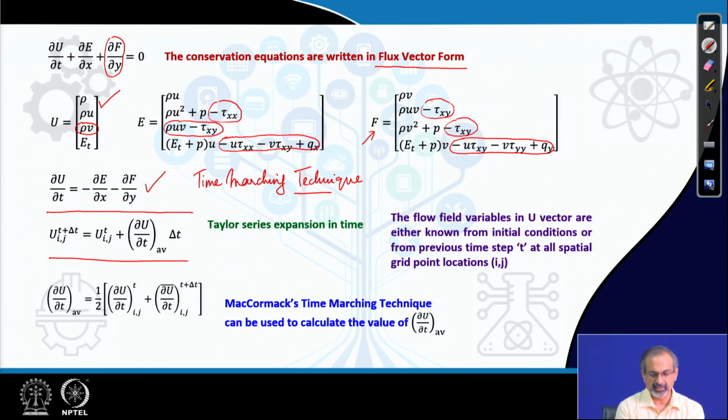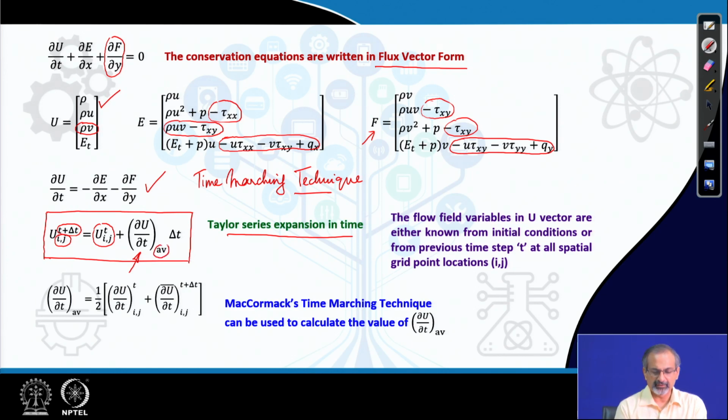So, we expand the u at the point I j. This is basically the spatial point, and the superscript is the time index. We want to take the solution from time t to time t plus delta t using a Taylor series expansion. We need an assessment of the time derivative of u in that case.